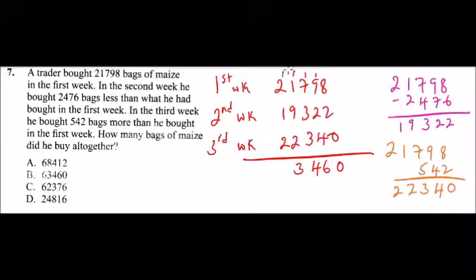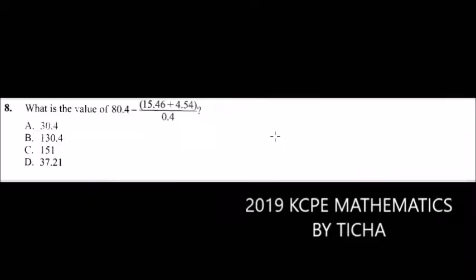Carry 1. So you get 3, 4, and plus 2, you get 6. So it means the trader bought in total 63,460. And if you check your answer, that is correct. So you shade that answer. That's the correct answer.